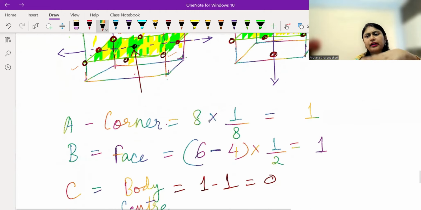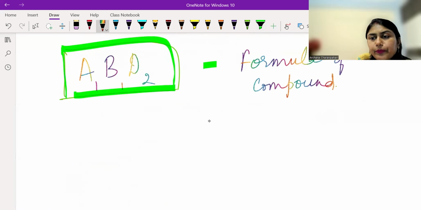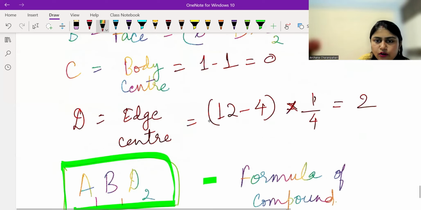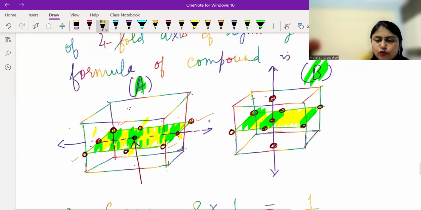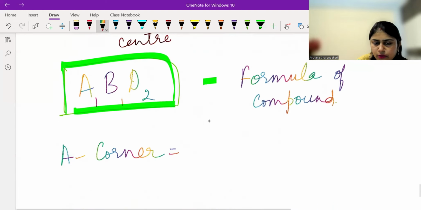When the plane and the axis are perpendicular, let's begin with that. You have A. Similar way, we will calculate. You have A at the corner, and since there is no contribution removed from the corner, it will be as it is.